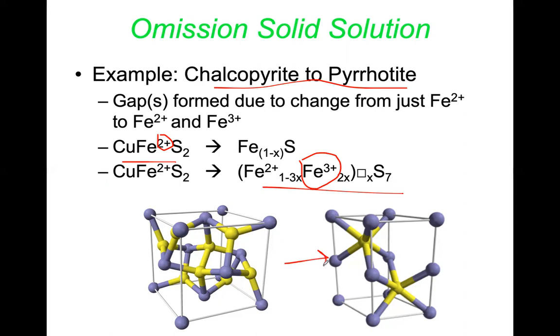You can see here some spaces can be created after modification. You can see these joints are no longer available, so you have a space here, because some of these ferrous are gone, because this is omission solid solution.